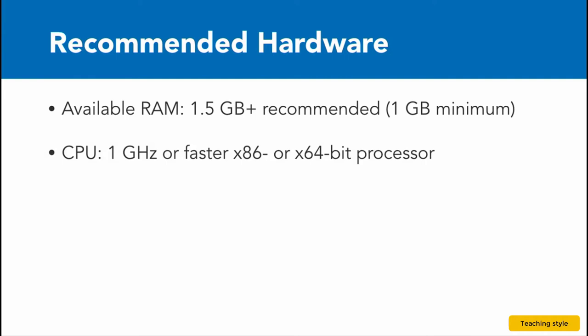CPU, 1 GHz or faster. And your display, 1440 by 900 or, if you're in 16 by 9 orientation, 1600 by 900. This is actually a little amusing because, if you don't have a high enough resolution, Power BI will still continue to display tools but you won't be able to see them on your screen. They'll be off the edges.